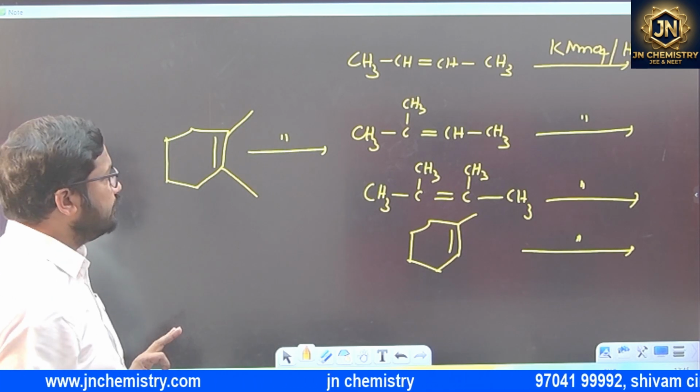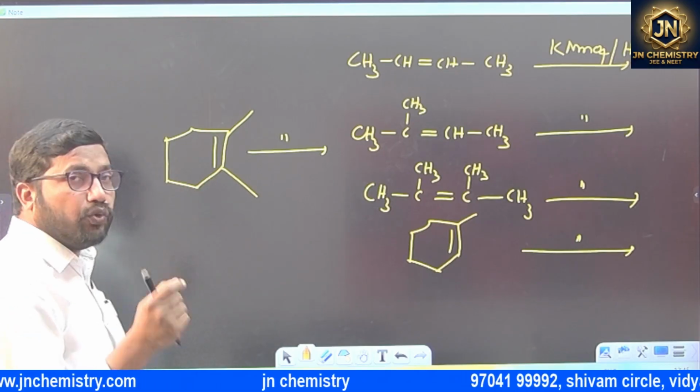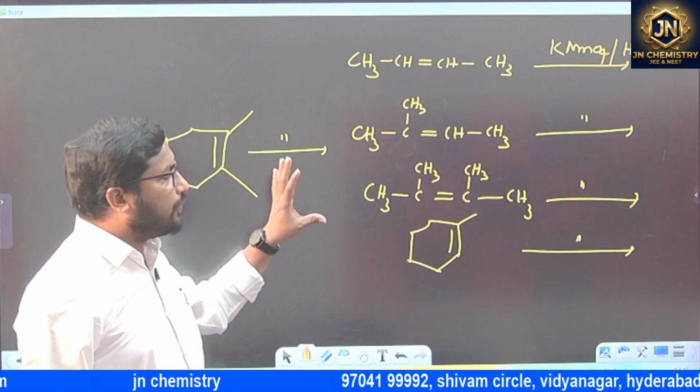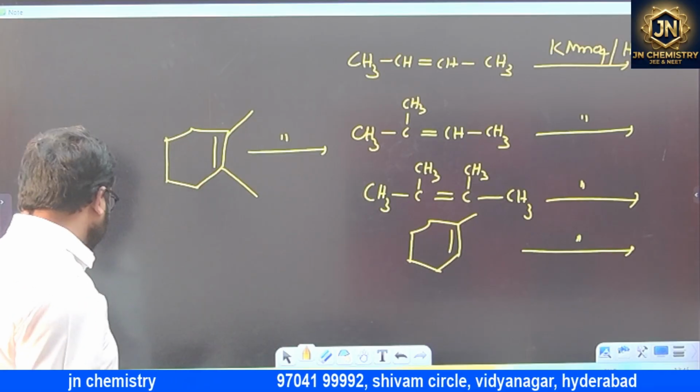Now write the products. Sometimes ozonolysis and KMnO4, H plus both give the same products also. So I'll give you one more example.